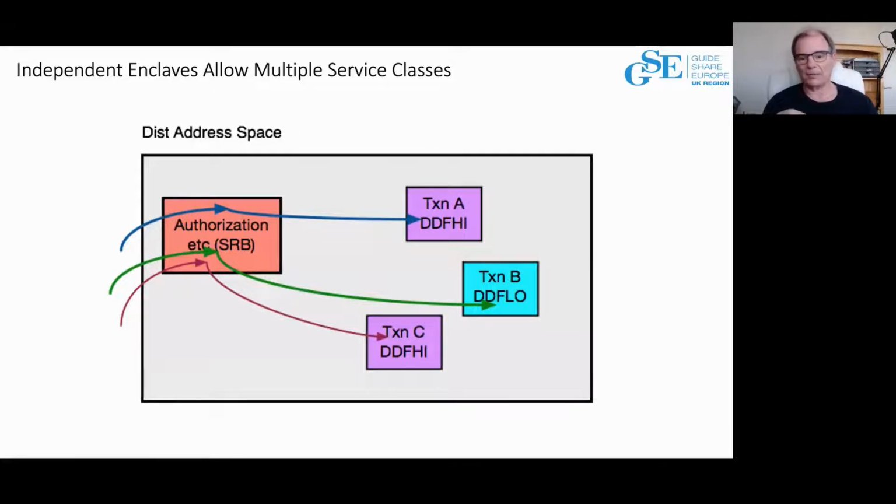Once we get classified, we join an enclave, and that enclave has its own service class. And in this particularly naughty example, we've got transaction A and transaction C ending up in DDF high and transaction B ending up in DDF low. So it's not generally the case that one DB2 subsystem services a single DDF service class. It can do, but generally it doesn't.